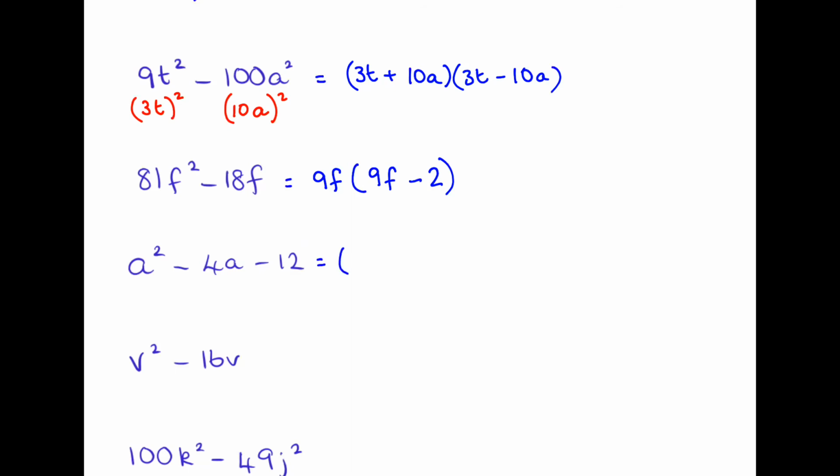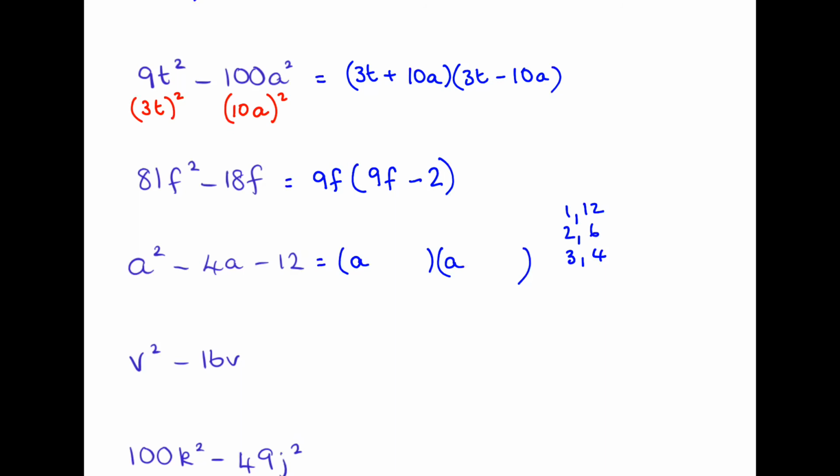So 2 brackets, and remember what we do first of all is the first term has to come from these 2 multiplied together, so they both need to be a's. We write down the pairs of factors of the third term, so that's 1 and 12, 2 and 6, and 3 and 4. Remember, they've got to go in pairs.